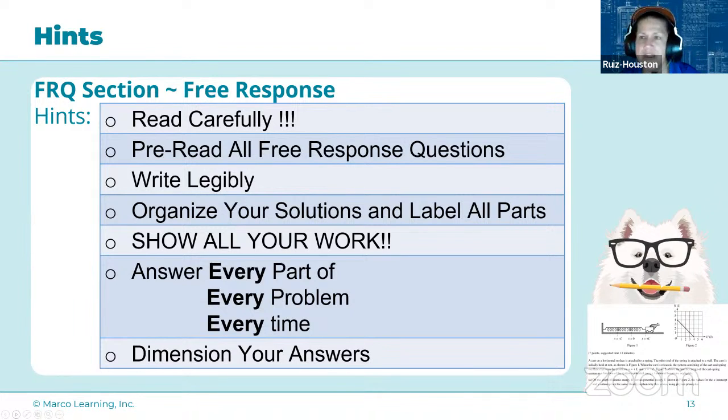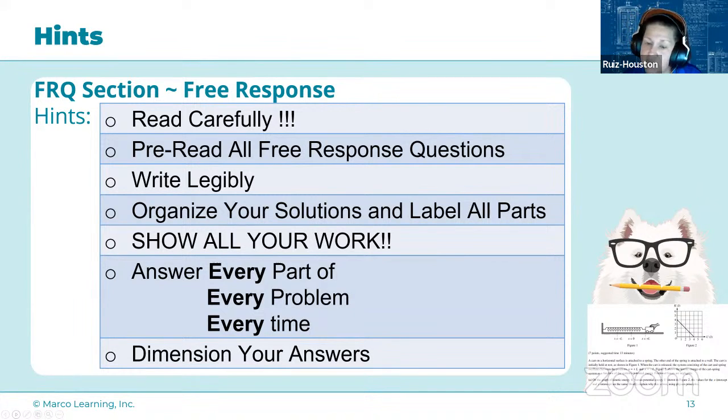There's probably a point for manipulating it and getting it into the correct units or to the correct variables that College Board is asking for. So the more steps you show us, the more we can follow you and give you that partial credit. Okay. So every question, answer every part with something, even if it's just the equation. Every problem, every time. You're going to try to put something down in every single space.